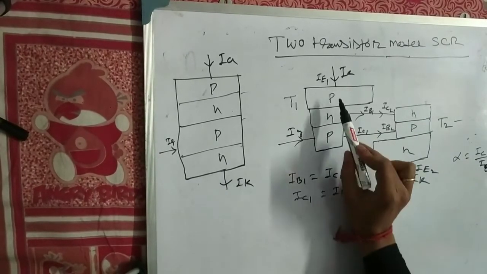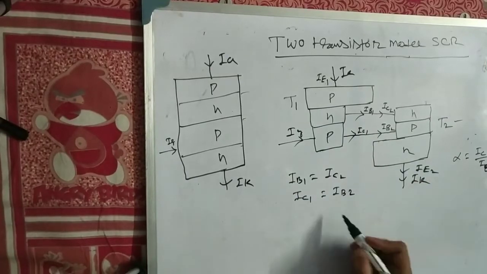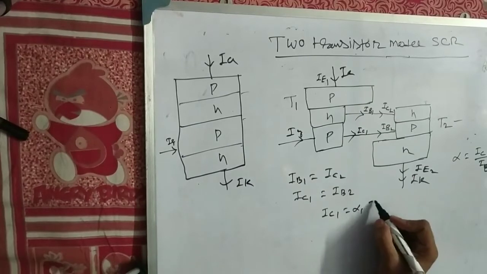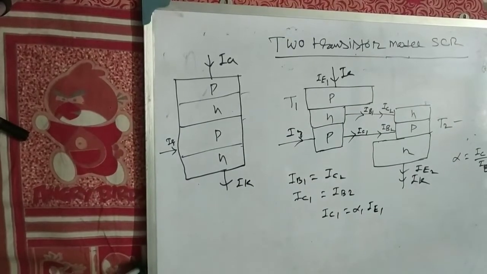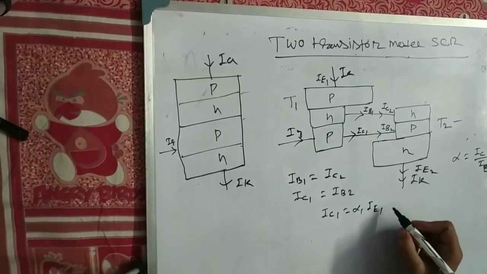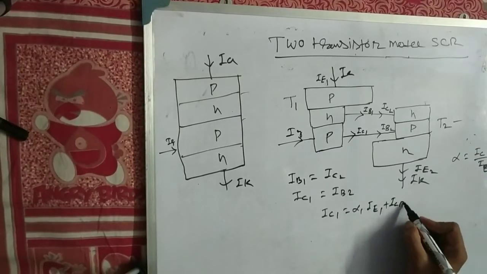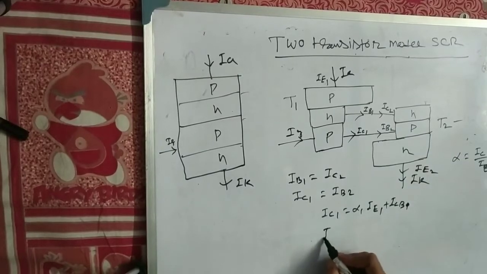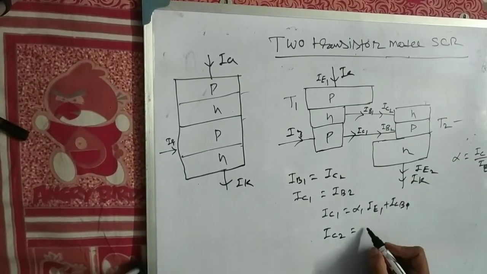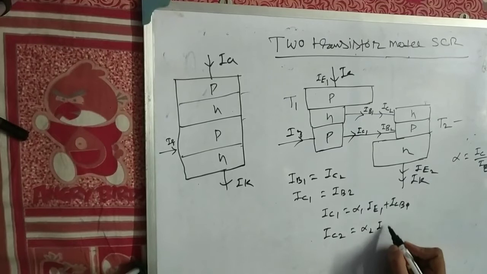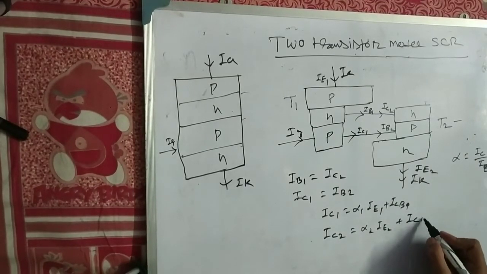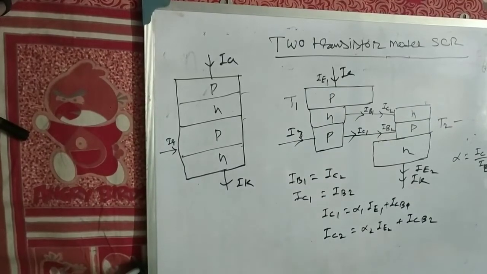So for transistor 1, IC1 equals alpha 1 into IE1, and also some leakage current ICB1. And for transistor 2 we can write collector current IC2 equals alpha 2 into IE2 plus some leakage current ICB2.